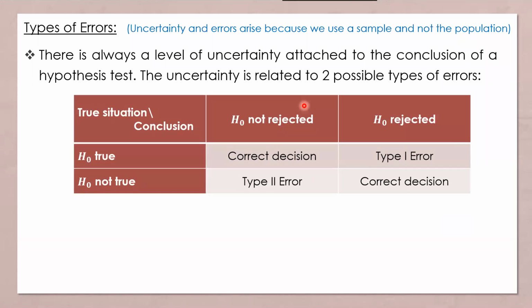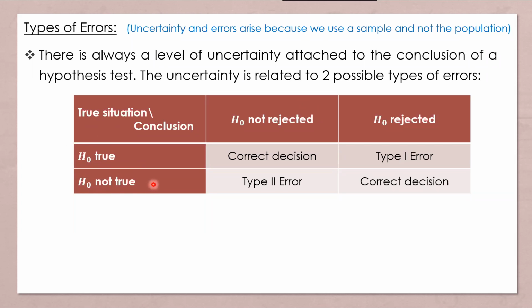And this table just nicely summarizes when a correct decision is made or when an error is made. If we look at the first column, that gives us what's happening in reality. So the null hypothesis can be true, or the null hypothesis can not be true.